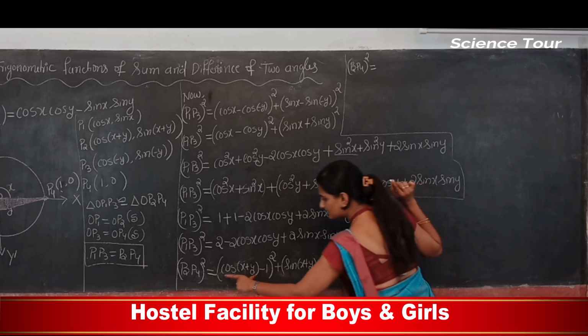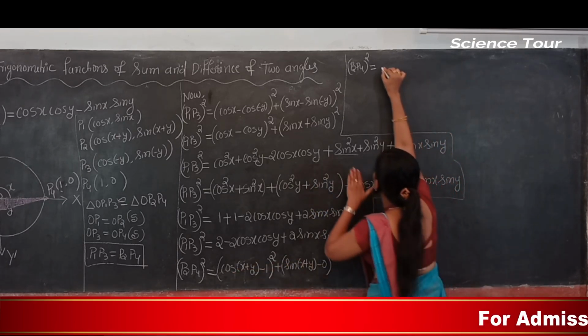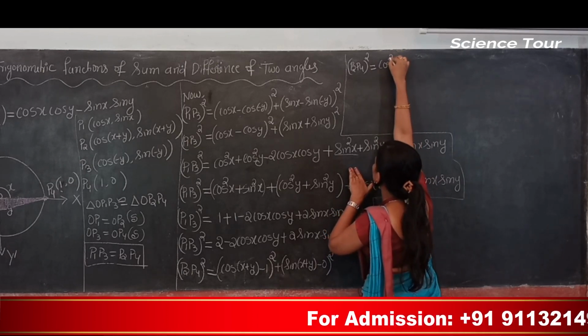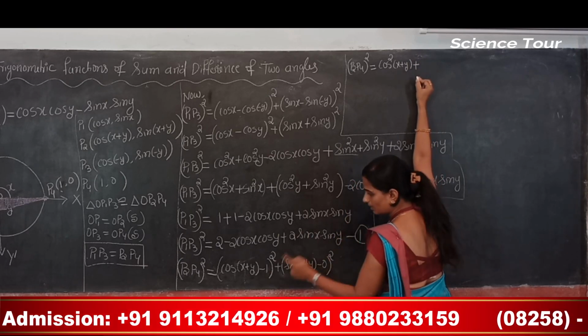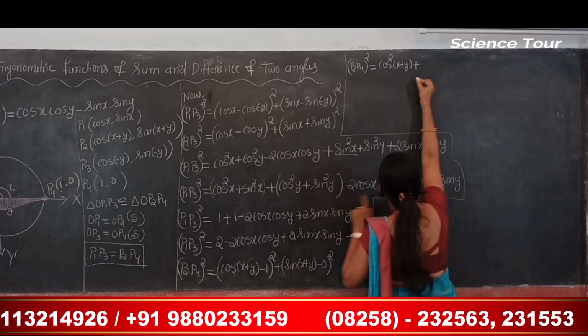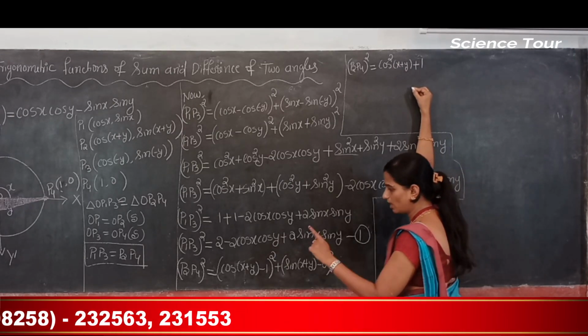What is your a square? A is cos(x plus y). So a square is cos square (x plus y) plus b square. B is what? 1. B square is 1 square, which is 1.